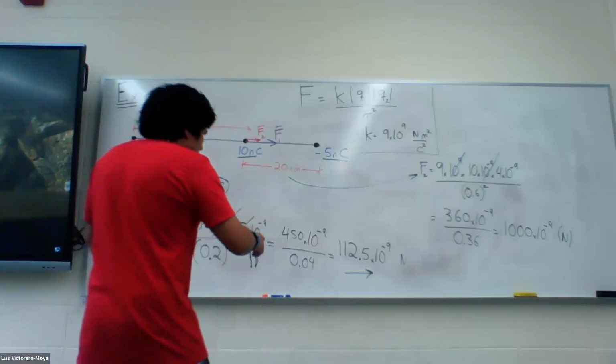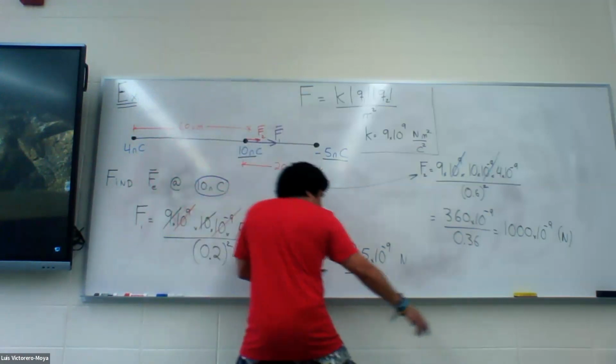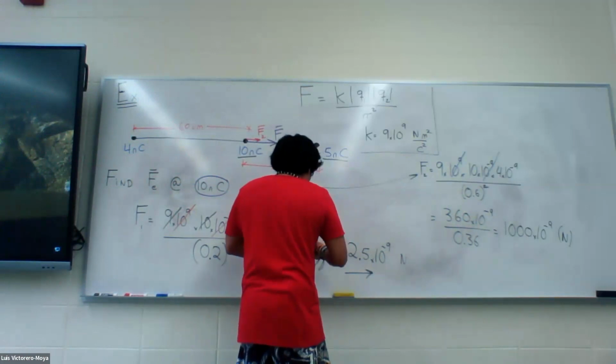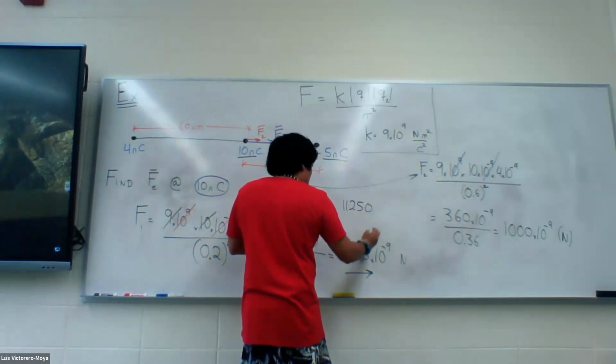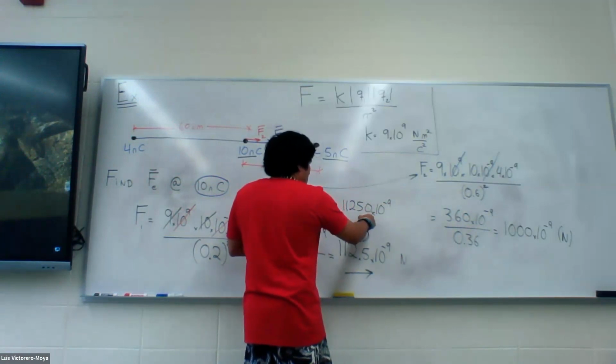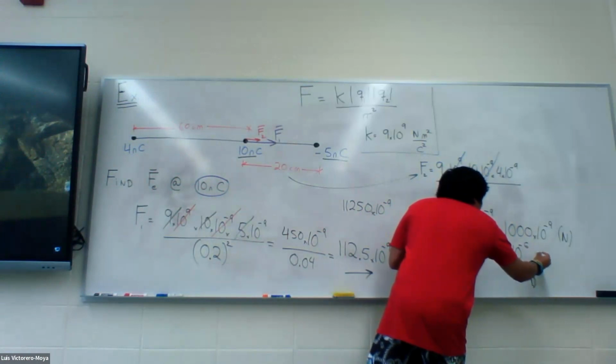Hey, Professor, for F1, would it not be 112.5 times 10 to the power of negative 7? Yeah, that's right. So this is 11250, so this is 10 to the negative 6.